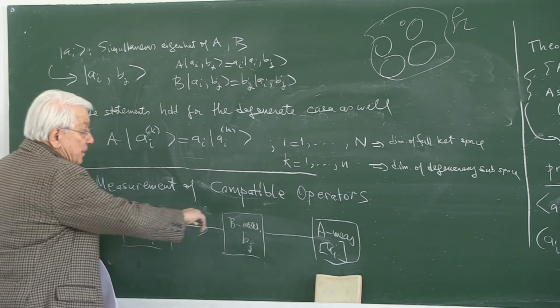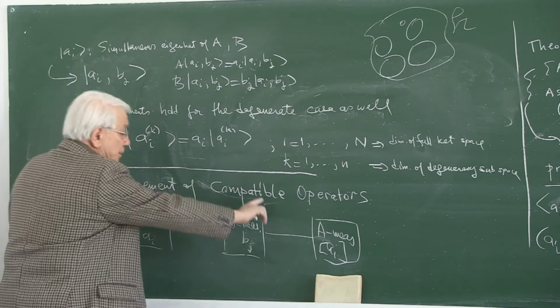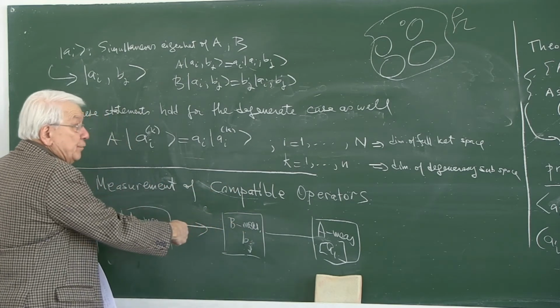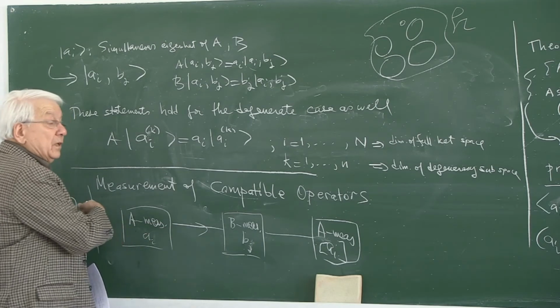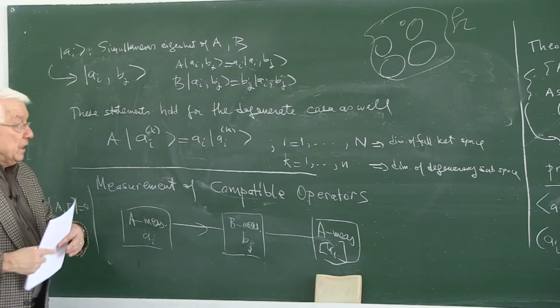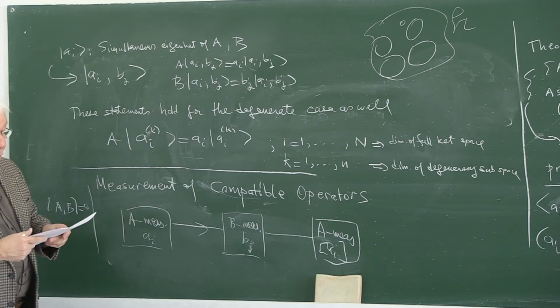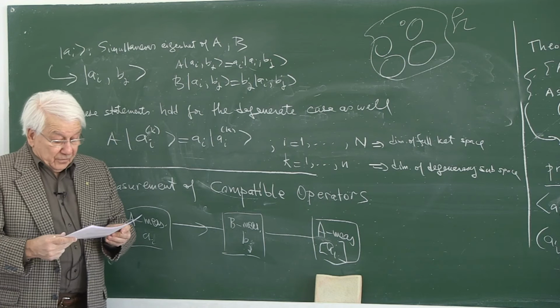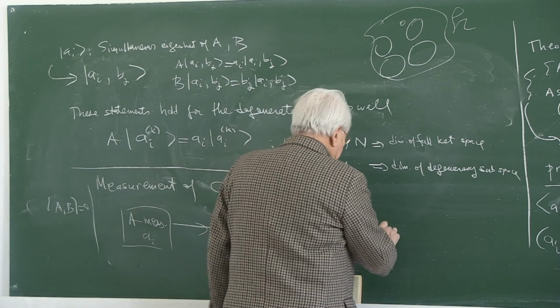Meaning that the presence of the second measurement operation doesn't destroy the information you had before on the system. Thanks to the fact that they are compatible, you again get a_i, not a different a_j or a_k. So this tells you that the second measurement doesn't destroy the previous information.